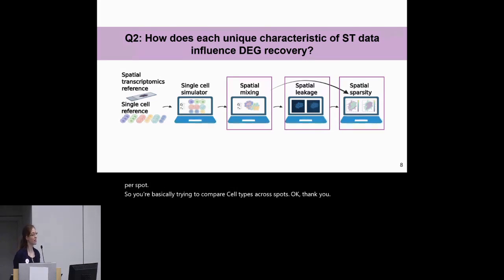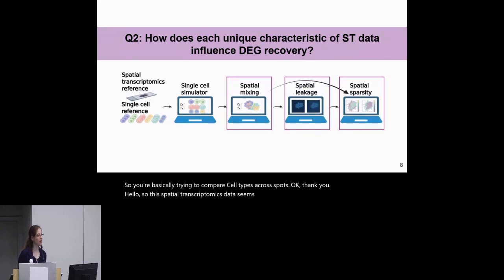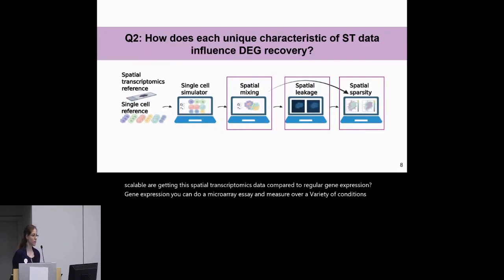Hello. This spatial transcriptomics data seems very useful and can answer a lot of questions that we weren't able to answer with gene expression. So I wanted to ask, how scalable is getting this spatial transcriptomics data compared to regular gene expression? With gene expression, you can do a microarray assay and measure over a variety of conditions for not a terrible amount of money.